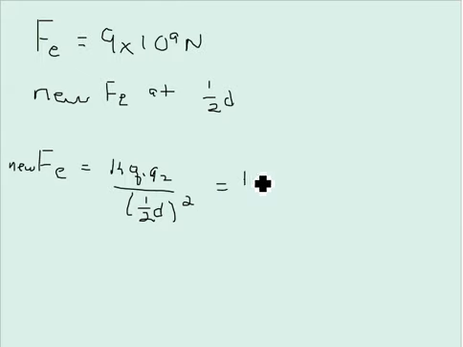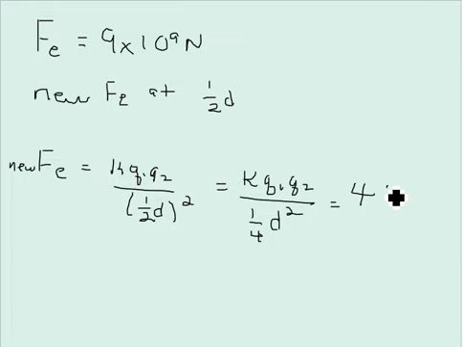So let's clean this up. We have K, Q1, Q2 still on the top, but 1/2 squared is 1/4, and our D squared is still D squared. And we see if we pull that 1/4 out and clean it up, that actually goes up into the top. We would get 4K Q1 Q2 over D squared.